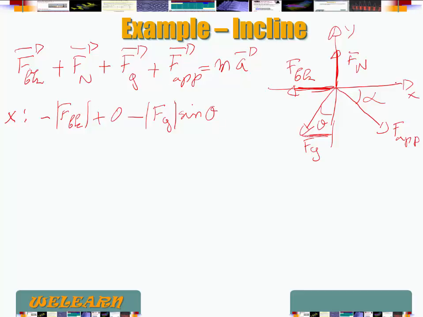And for the applied force, this is going to be the x component, so it is adjacent to the angle, so it's going to be the magnitude of the applied force times cosine of alpha. I'm running out of space, but that should be equal to m, which is the combined mass, times A.